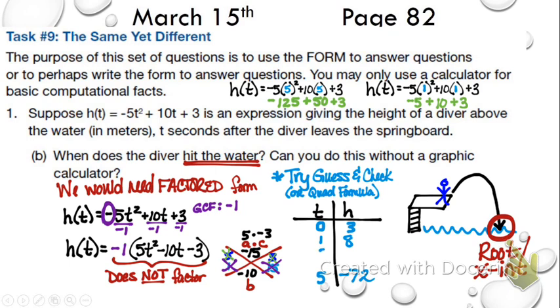2. So same thing again. Oh, that's not what I wanted to do. I'm going to move it up here. So we're putting in a 2 everywhere we had a t.